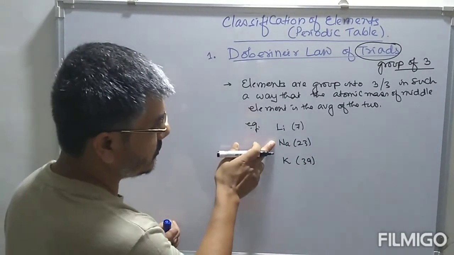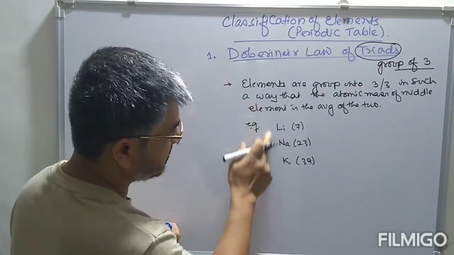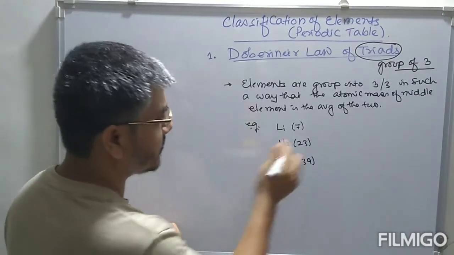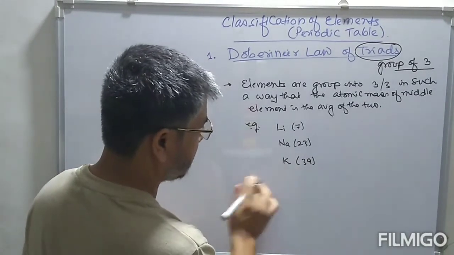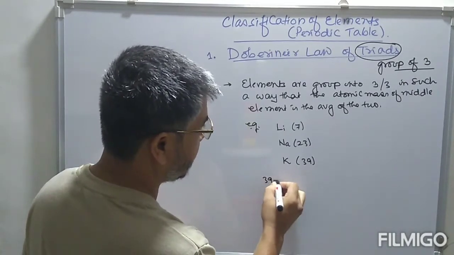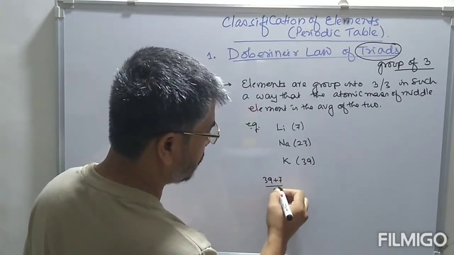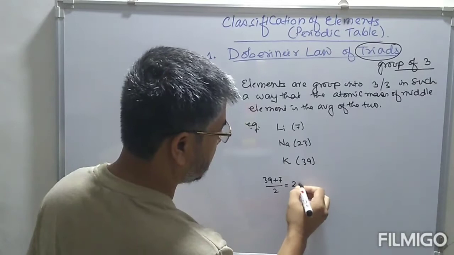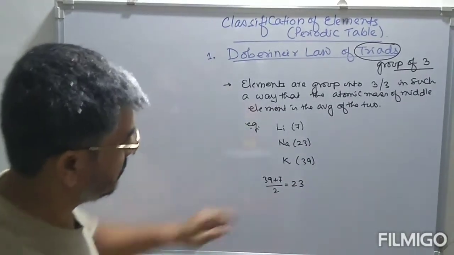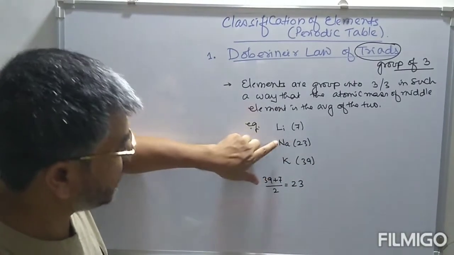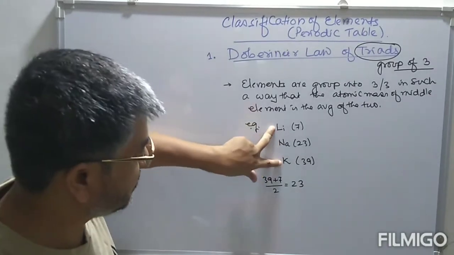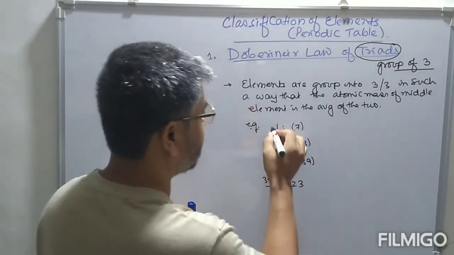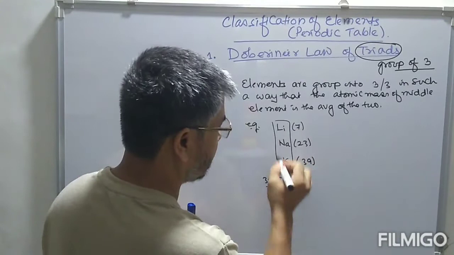So the atomic mass of sodium is the average of lithium and potassium. Look at this: 39 plus 7 by 2, that is 23. So the atomic mass of the middle element, sodium, is the average of the first and third elements. So this is a Dobereiner triad.